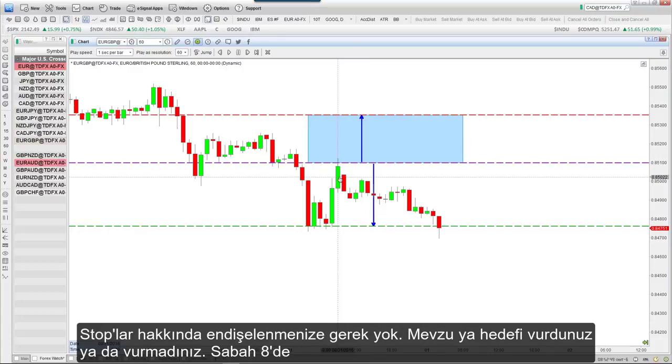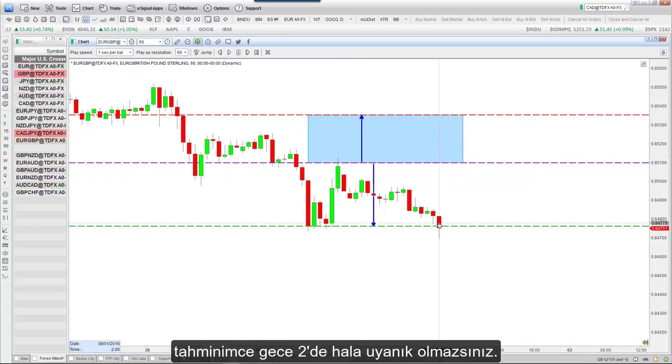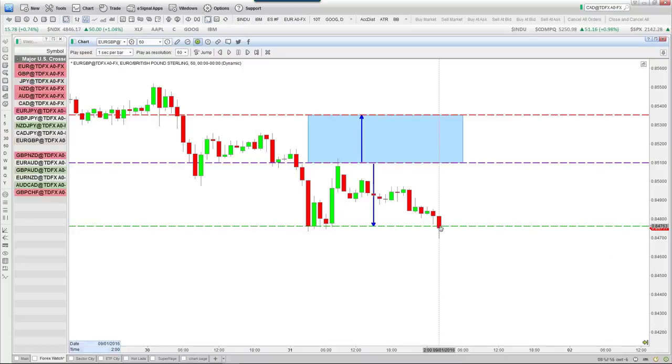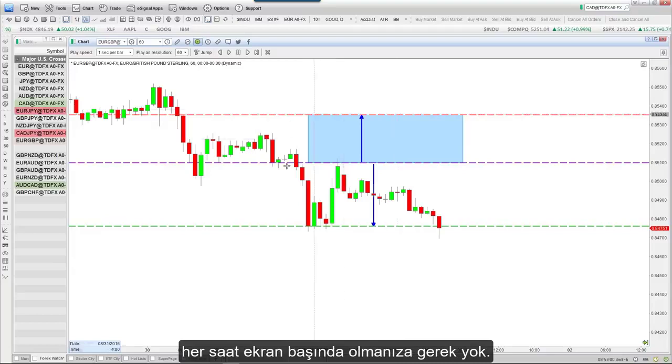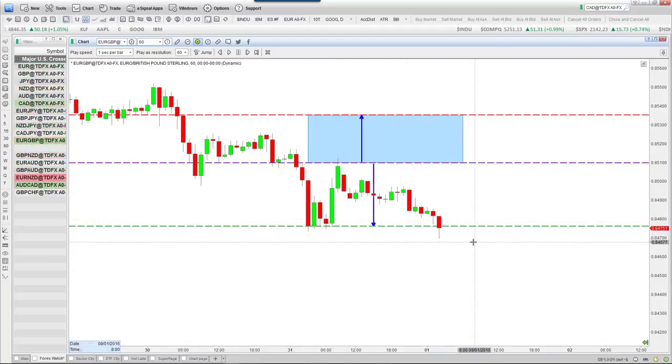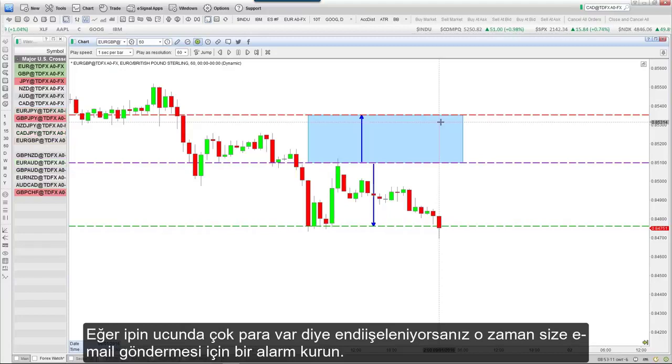So when you enter at 8 o'clock in the morning, my guess is you're probably still not awake at 2 o'clock in the morning. So when you use this method, you don't have to make sure that you're up every hour or every 2 hours to monitor the trade. You can set this up, forget about it, go to sleep, and then if you're really concerned about it because you've got a lot of money on the line, you can set an alert to send you an email.